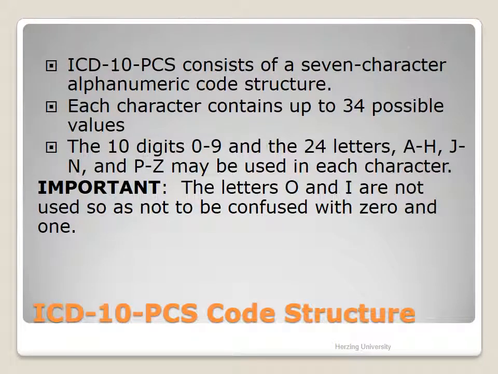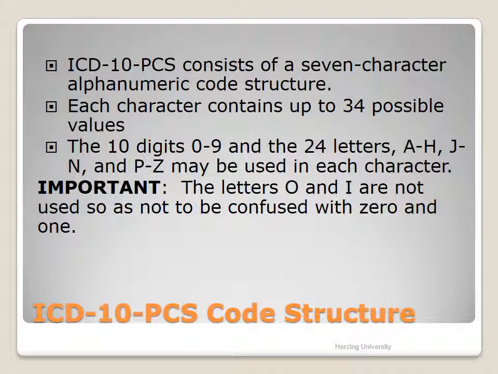The ICD-10 PCS codes contain 7 characters. These characters can be letters or numbers. Each alphanumeric character has specific meaning or value depending on its place in the lineup.